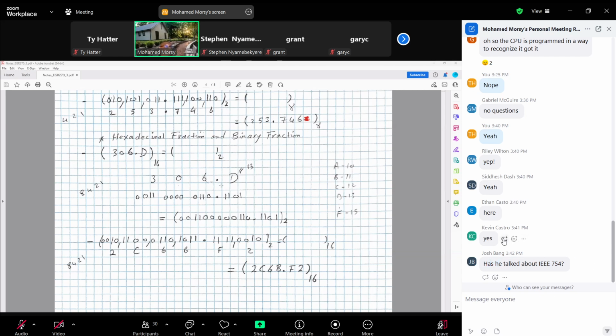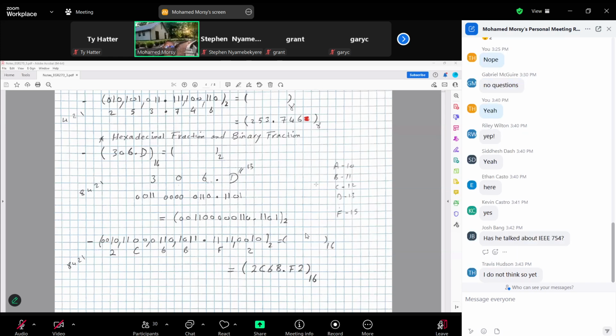Now, point D. D is equivalent to 13 in hexadecimal. In hexadecimal after 9, we use A, B, C, D, E, F. A corresponds to number 10, B 11, C 12, D 13, E 14, F 15.